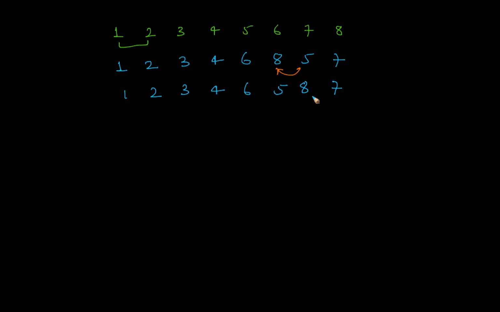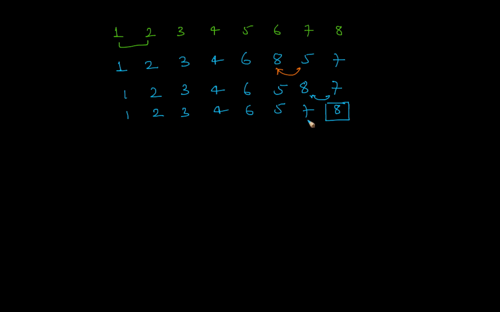After this swapping, the next time we get the list 1 2 3 4 6 5 7 and 8. So what is happening at the end of this is that the biggest element gets bubbled up to the rightmost position, and we say that this is at the proper position.